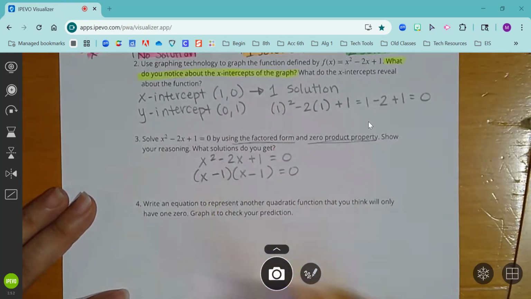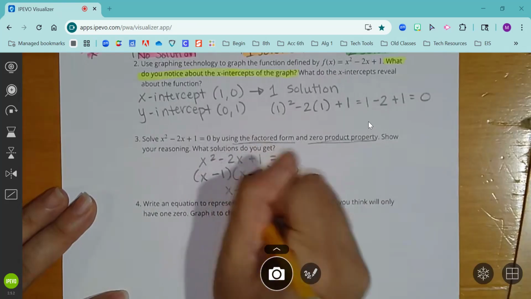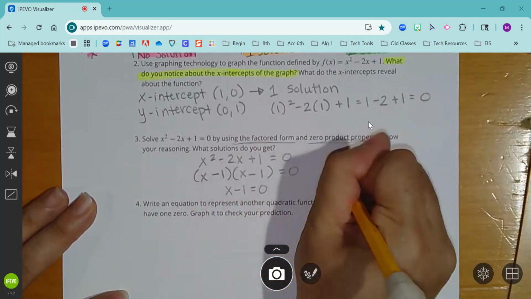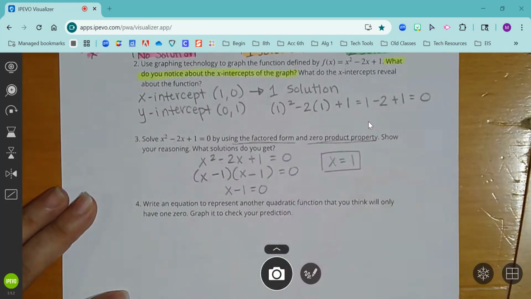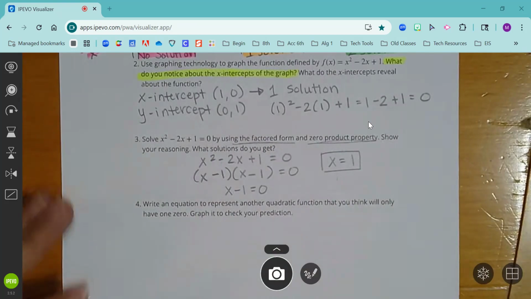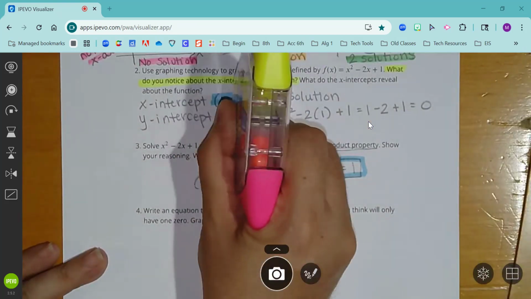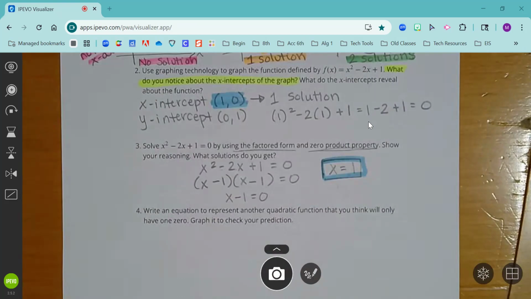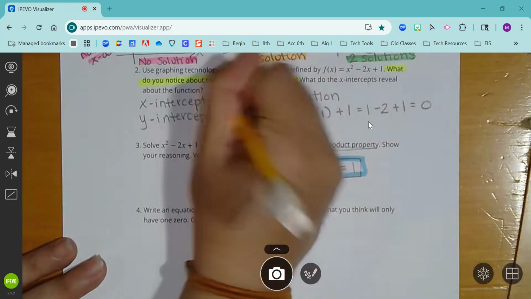These are the same expressions, so I would just solve x minus 1 equals 0. And that leads me to x equaling 1, which is perfect because that's what I got earlier. That was my x and that was my y.